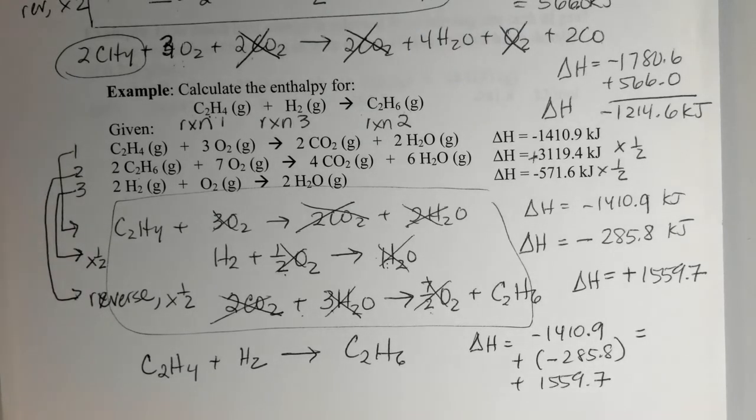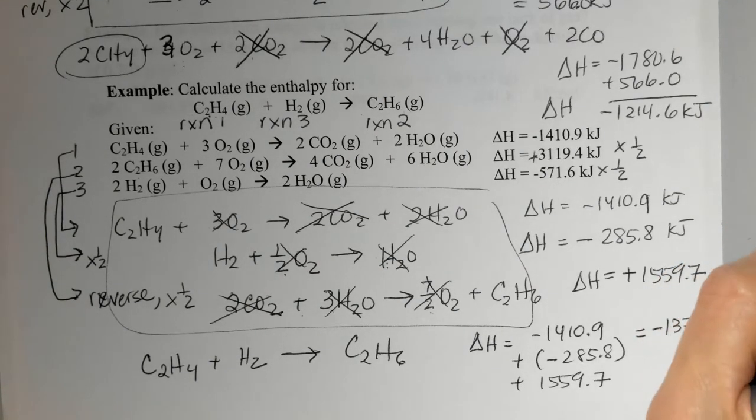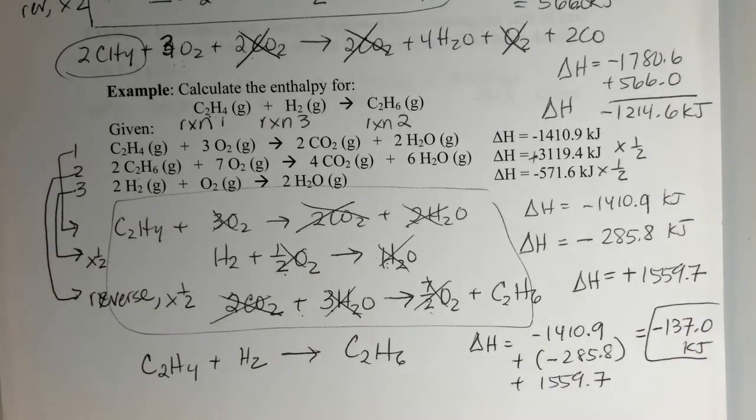And I get a delta H here of negative 137.0 kilojoules. And since we're adding, we're going to keep that same decimal place, so take it to the tenths place. So Hess's law just takes a little practice.